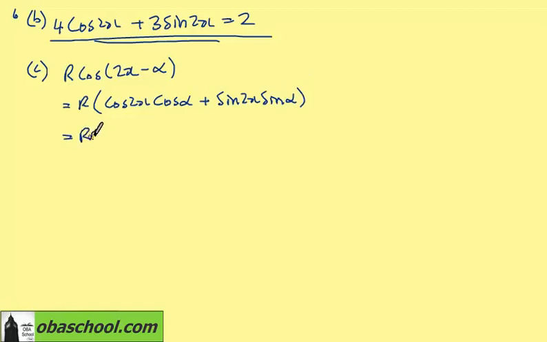So that's r cos alpha cos 2x plus r sine alpha sine 2x. Comparing this with the left-hand side here, we can see that r cos alpha equals 4 and r sin alpha equals 3.